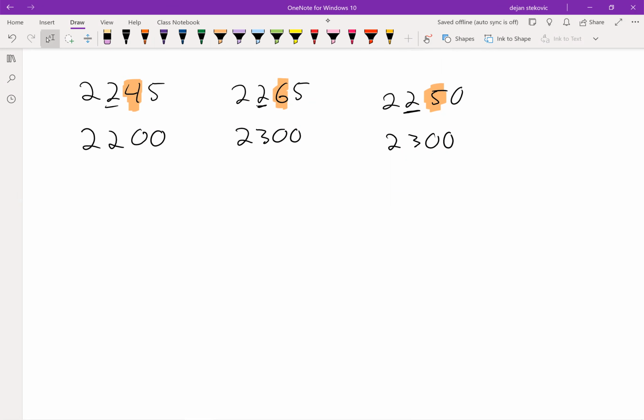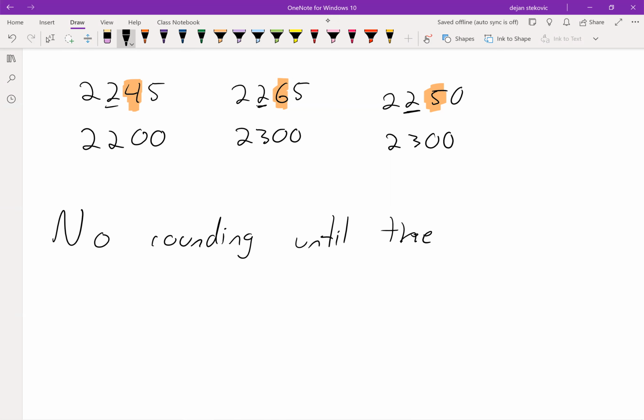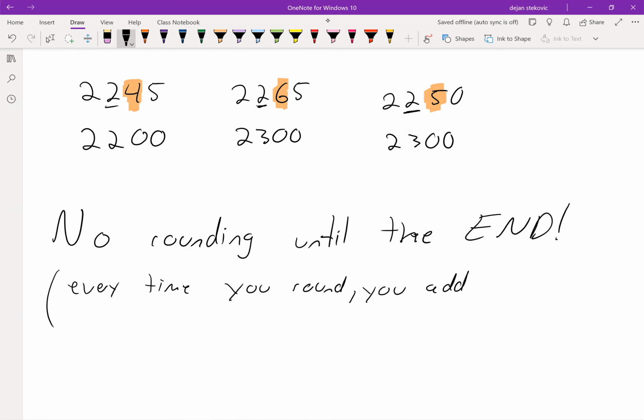Now, whenever we're doing mathematical operations, oftentimes we do more than one mathematical operation. First, you'll divide by something, then you'll multiply, then you'll add, you'll subtract, so on and so forth. You're not allowed to round until the very end. So no rounding until the end, because every time you round, you add error into your answer and into the measurement.